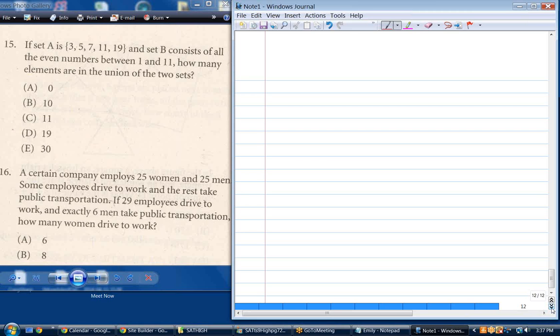So what does set B consist of? 2, 4, 6, 8, 10. So what's the union of that set with the other set? 2, 3, 4, 5. How many elements are in the union? Okay, this has 5 elements. This has 5 elements. So 10.